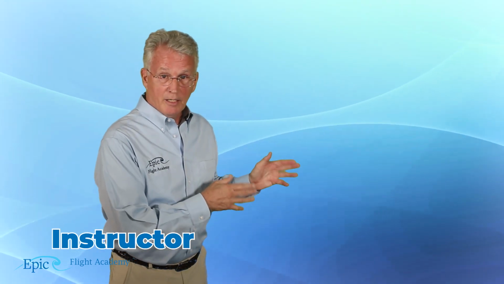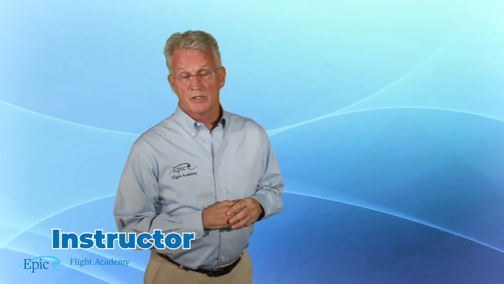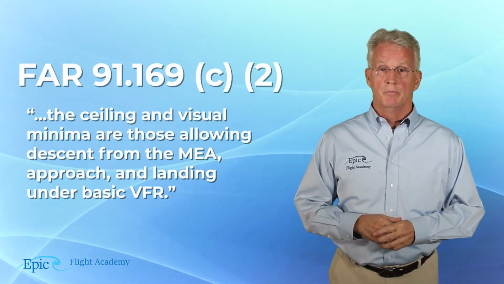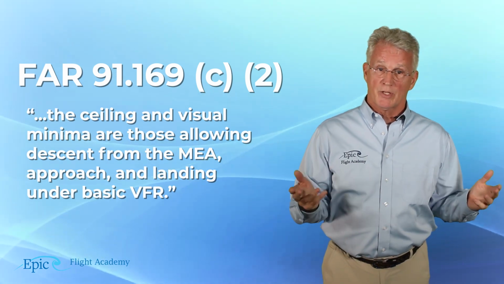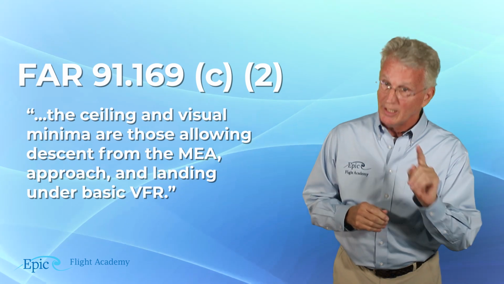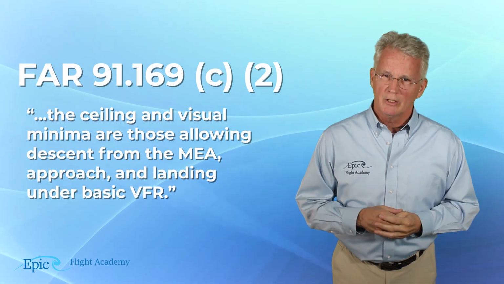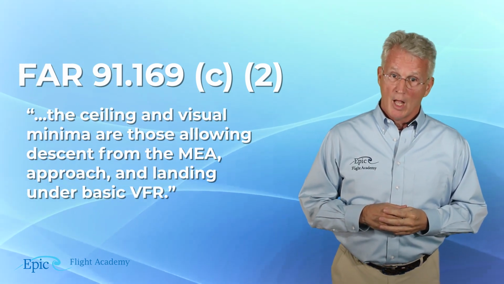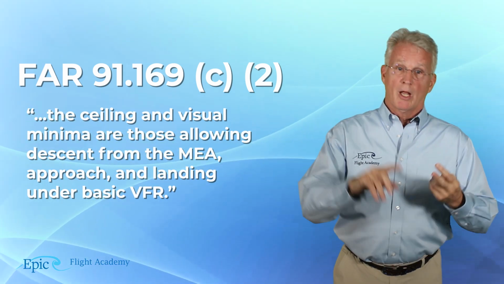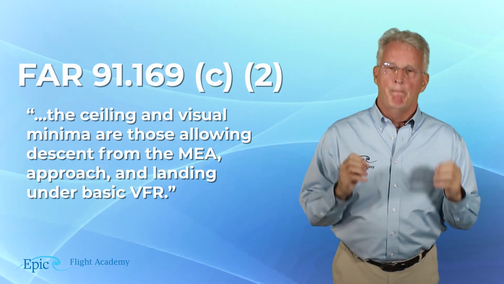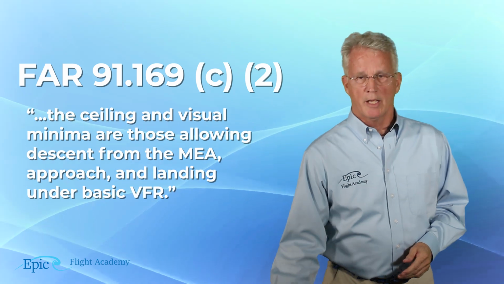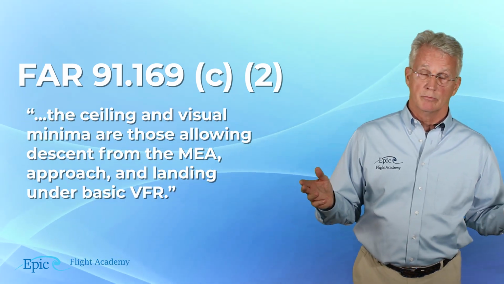Please look in FAR 91-169, again, paragraph C, this time item 2, and see where it says the airport may still be used as an alternate if the ceiling and visibility minima are those allowing descent from the MEA, approach, and landing under basic VFR. How about walking through a simple scenario for practice?